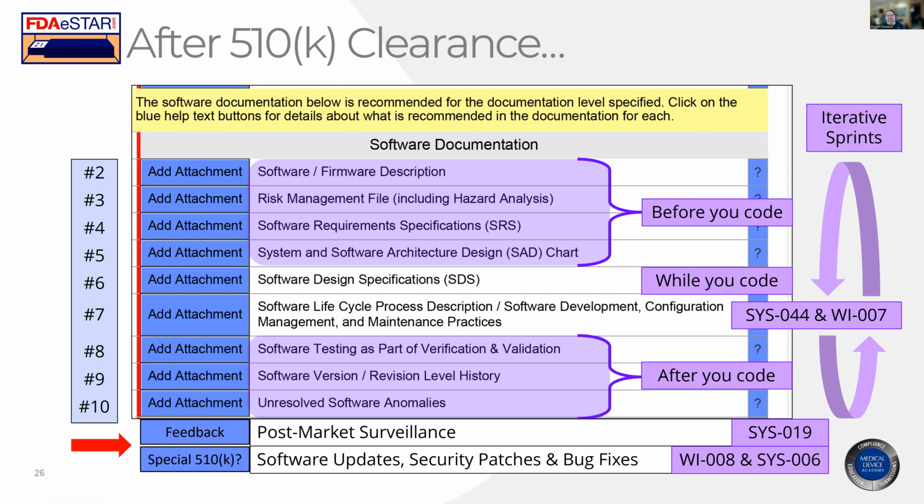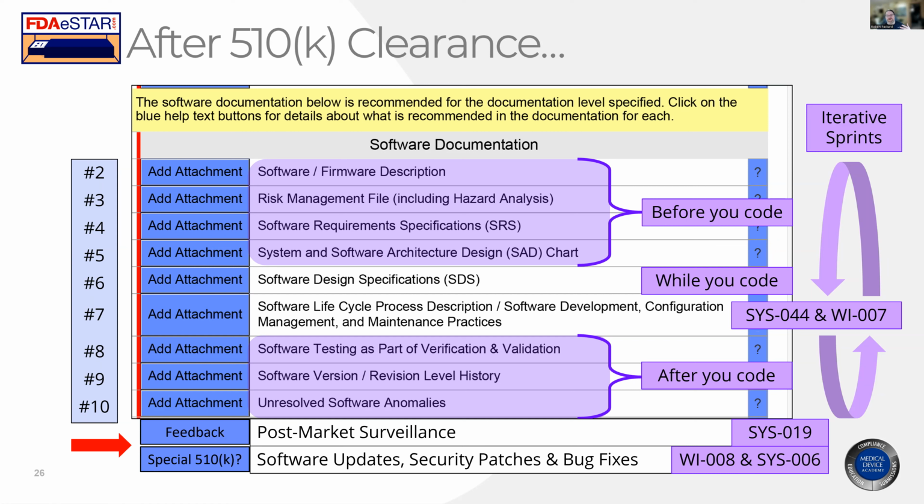During that time, you might have had to make changes to satisfy the FDA. During that time, you might have added new features that are going to be security patches or software updates, adding new features, bug fixes, maybe a new operating system, maybe integration with new hardware, made it work with a new operating system, whatever it is, you add those things.